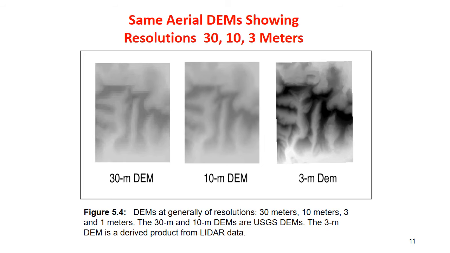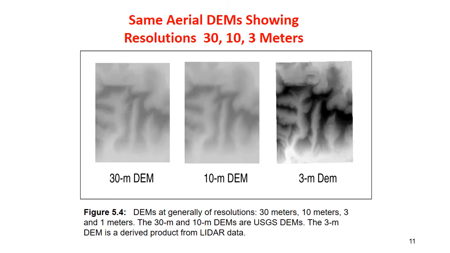The 30 meter and 10 meter DEMs are United States DEMs. The 3 meter DEM is a derived product from LiDAR data. USGS means that a satellite is working, so that is giving enough 30 meter or 10 meter data. It is using 30 or 10 meter wide pixels, but if they can interpolate and they have a LiDAR system, then that data will be coming.